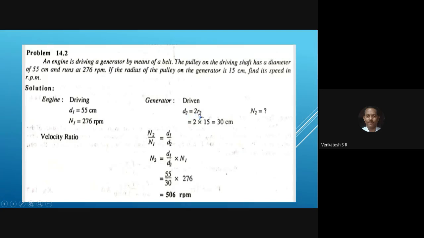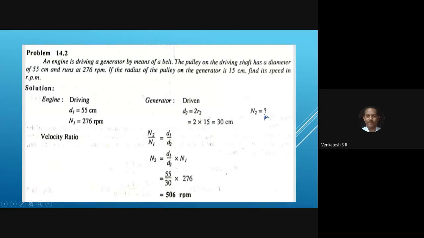D2 equal to 2R2. You know that diameter divided by 2 will give you the radius. So you have R2 equal to 15 centimeter. For that reason, D2 equal to 2 into 15, 30 centimeter.